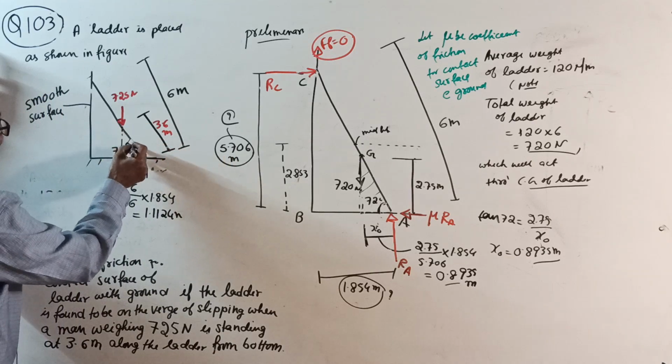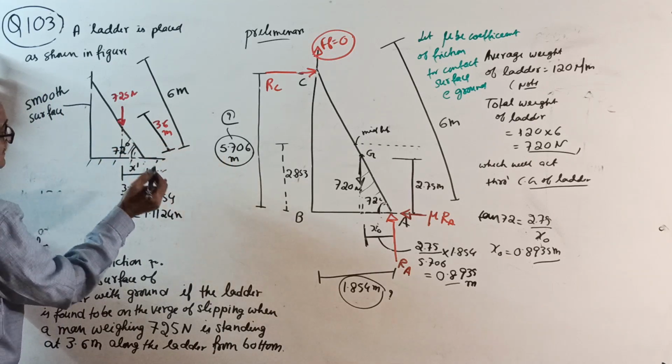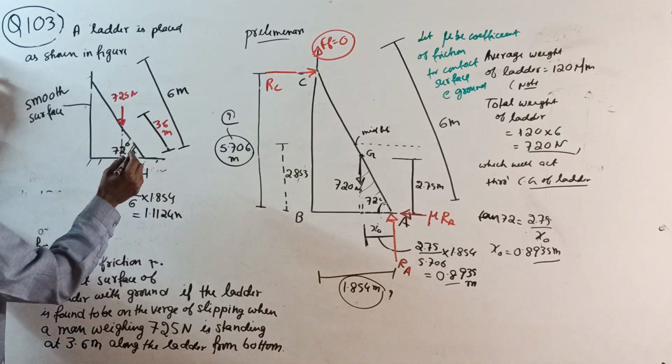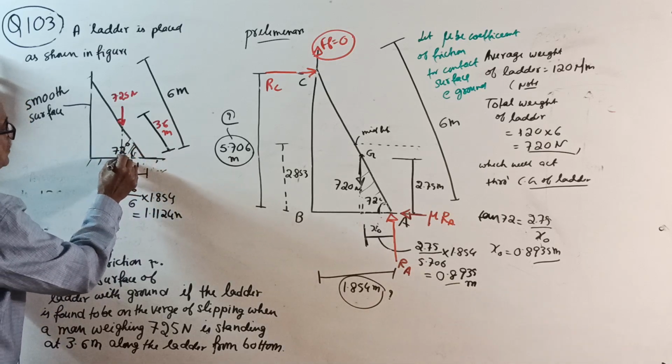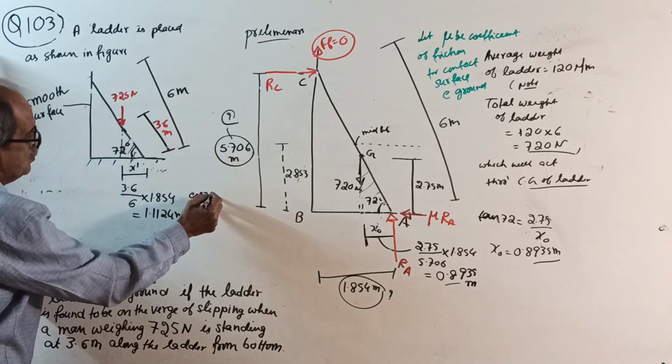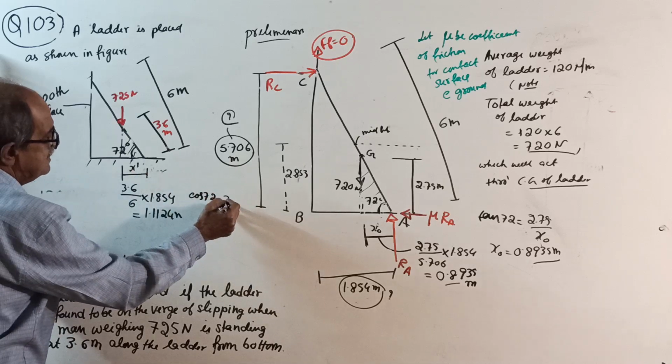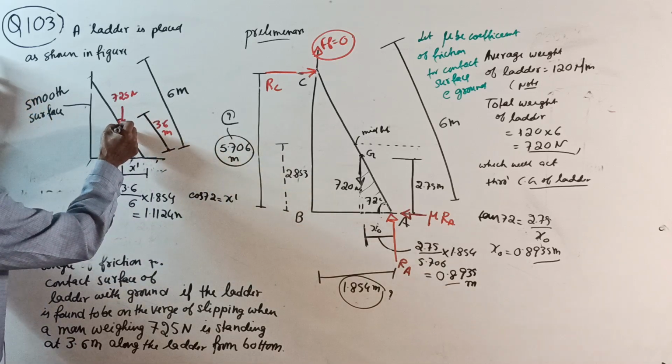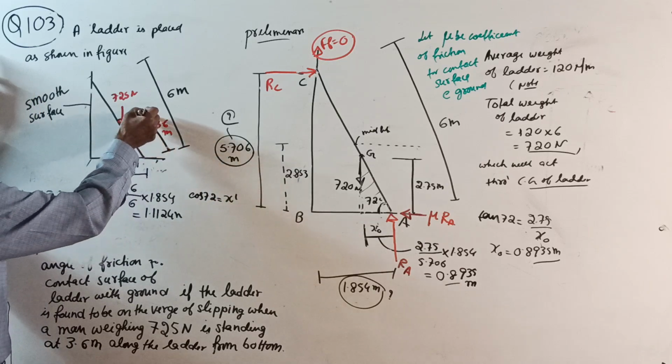Or otherwise you can do one thing. Take this triangle and take it as some x dash, and connect x dash with the inclined line. Now cos 72 equals x dash divided by 3.6, since the person is standing at 3.6 meter along the length.